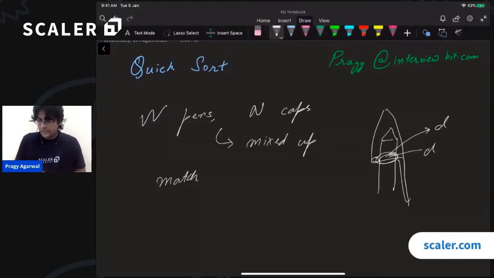Otherwise, this cap won't fit, right? So if the diameter of the cap is larger than the diameter of the pen, then the cap will be too loose, right? Alternatively, if the diameter of the cap is too small, then you won't be able to insert the pen into the cap, right? So we want to make sure that we pair up the correct pen with the correct cap.